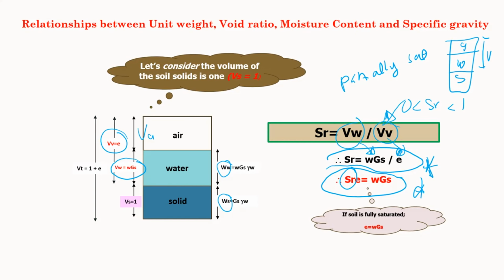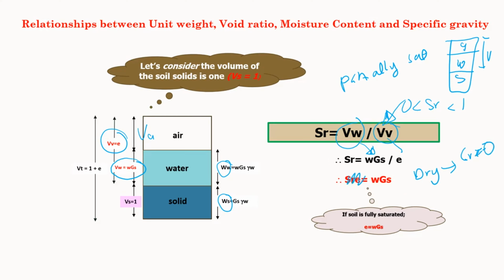But if the soil is dry, we know that Sr is equal to 0. So this equation can no longer be used. However, if we know that the soil is fully saturated, where Sr is equal to 1, here it becomes void ratio equal to water content times specific gravity.